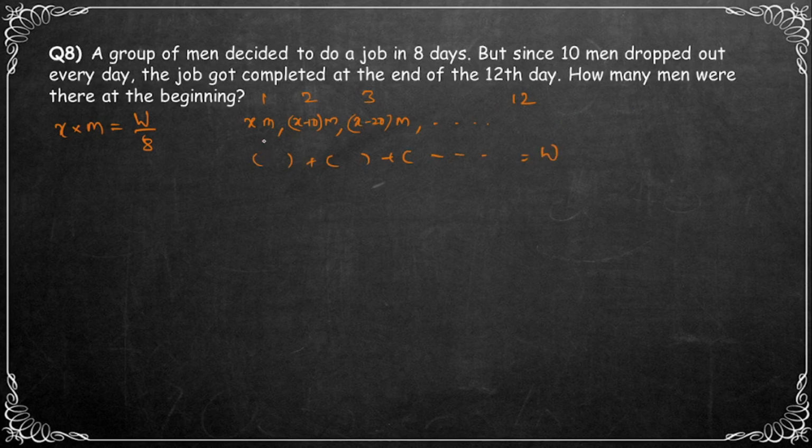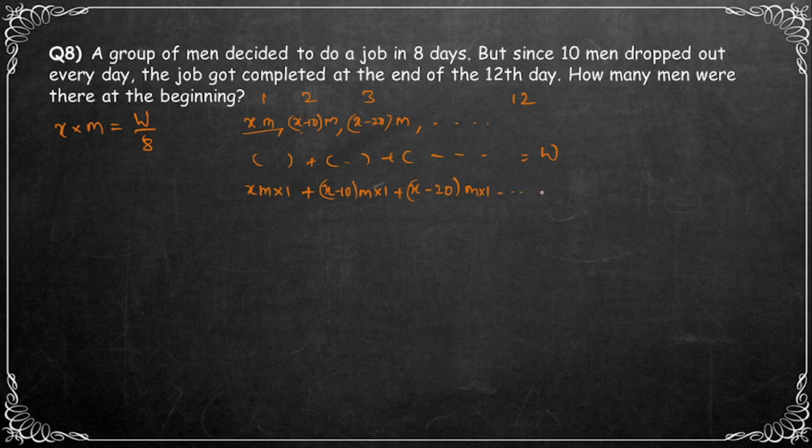Now the first part of the work is done by x number of men working for 1 day, plus second part of the work is done by x minus 10 number of men working for 1 day. Like that, the third day it is x minus 20 number of men working for 1 day.